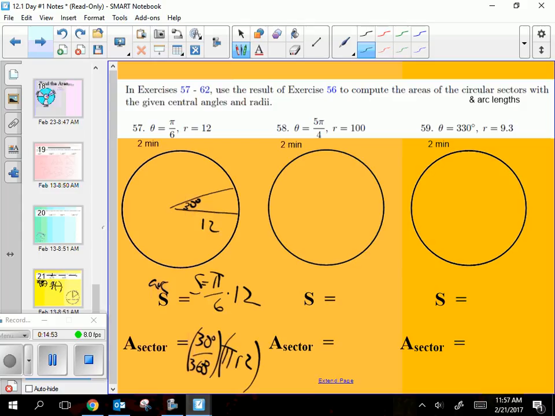You do the rest of the math to get the area of that sector. If you wanted to, you could have used 2 pi here, because that's the same as 360, and you could have used pi over 6. But I think pi over 6 over 2 pi is an icky ratio, whereas 30 over 360 is kind of an easy one. So I like doing them in degrees. You can do them in radians if you want. And then the radius on this one's 12, so just stick in a 12 there and you'll have it.